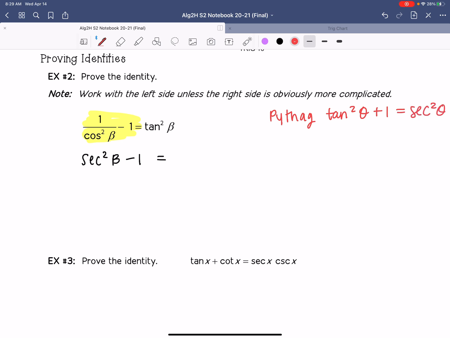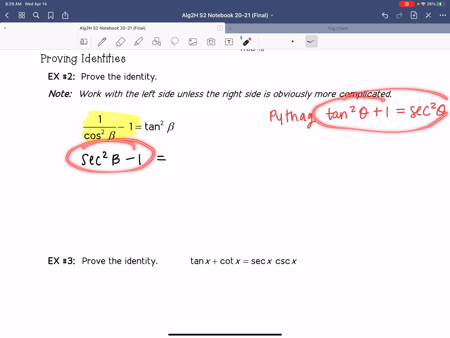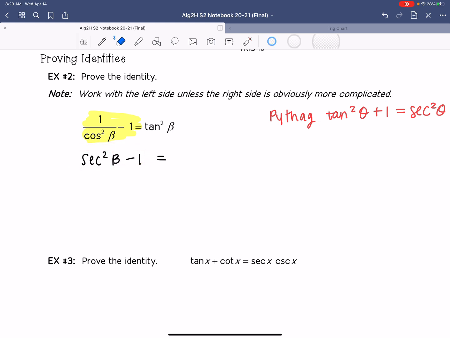So now my goal is I want this to look identical to this. So this is secant squared beta minus 1. So what I need to do to make those look identical is subtract 1 from both sides. So if I subtract 1, I get tangent squared theta equals secant squared theta minus 1.